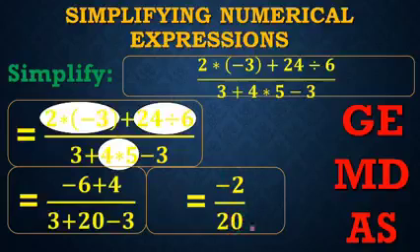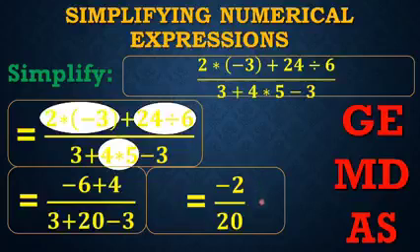So we have a single fraction of negative 2 over 20, but it is not yet simplified. We need to convert negative 2 over 20 to its simplest form. We need to divide both parts of this fraction by 2. Negative 2 divided by 2 is equal to negative 1, and 20 divided by 2 is positive 10.